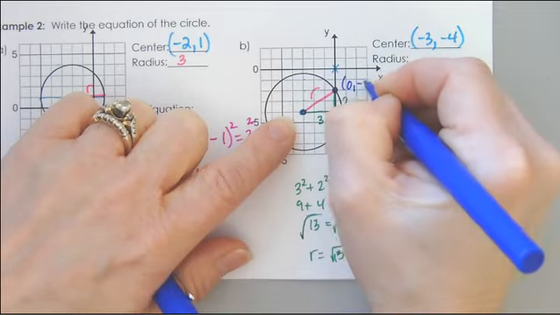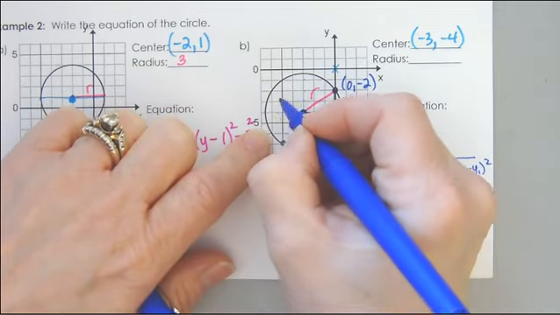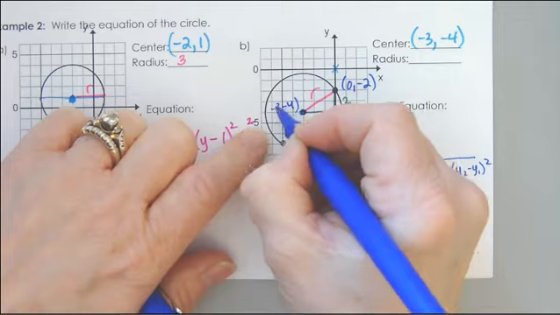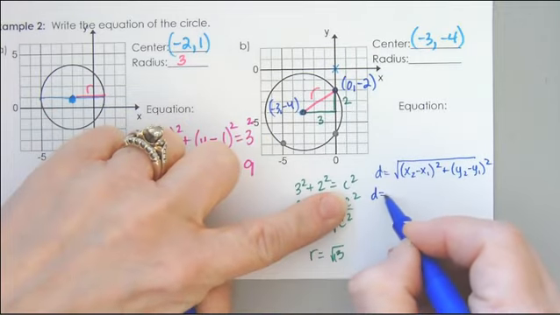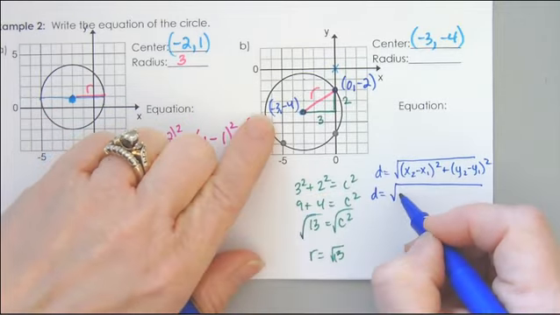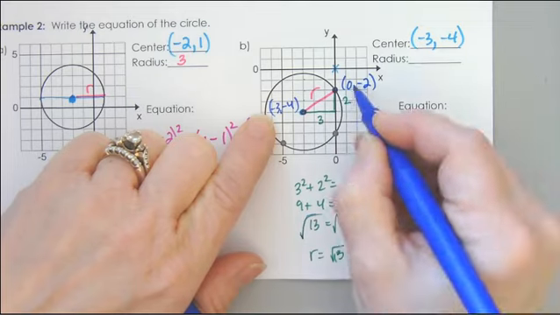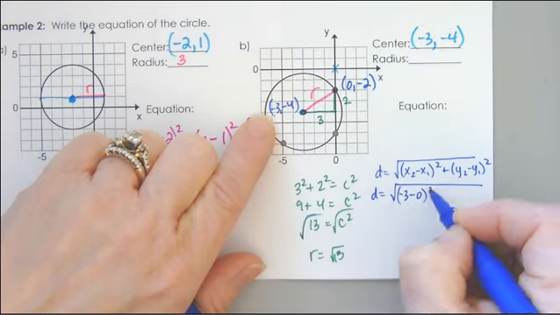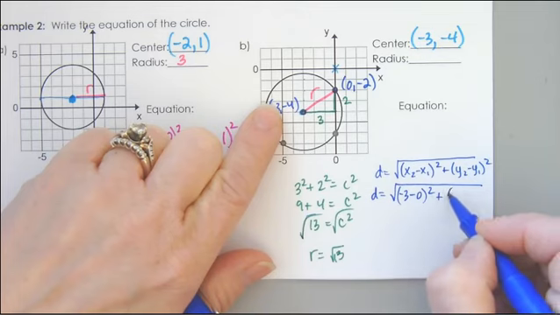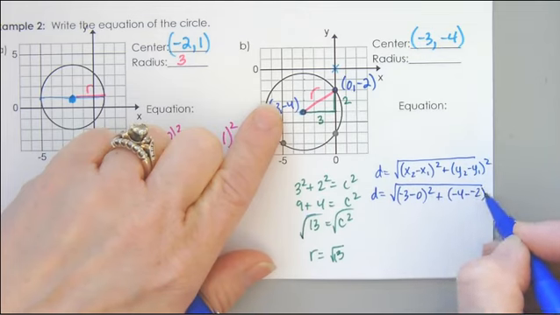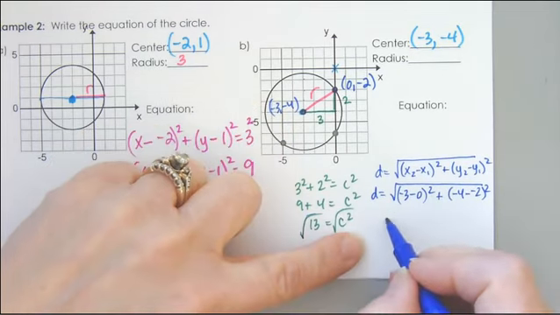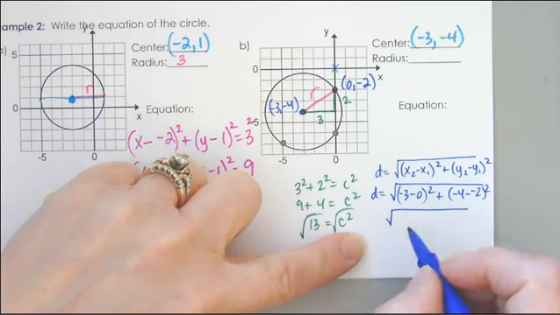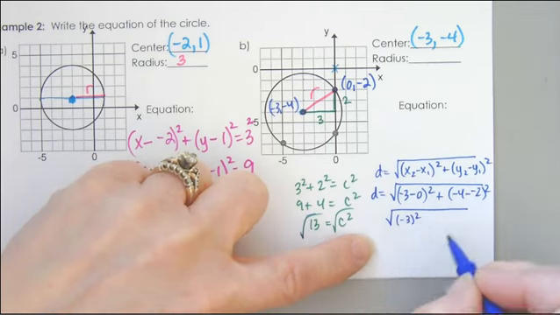So this is the point 0, -2. My center again was at -3, -4. So if I do this distance, I've got one of the x values minus the other x value, squared, plus subtract your y values, and then just simplify this. So -3 minus 0 is -3 squared.